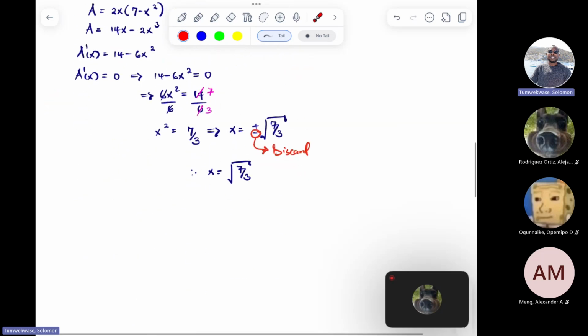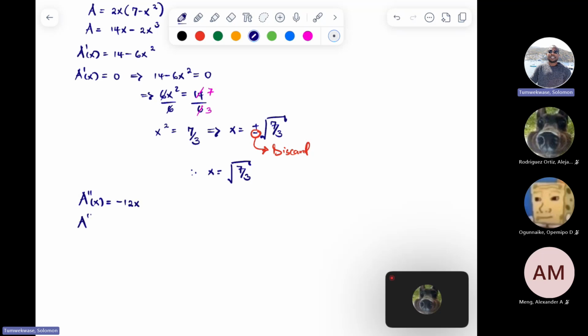Now we need to check that this gives a maximum, so we need to take the second derivative. When I take the second derivative of this function, I get minus 12x.